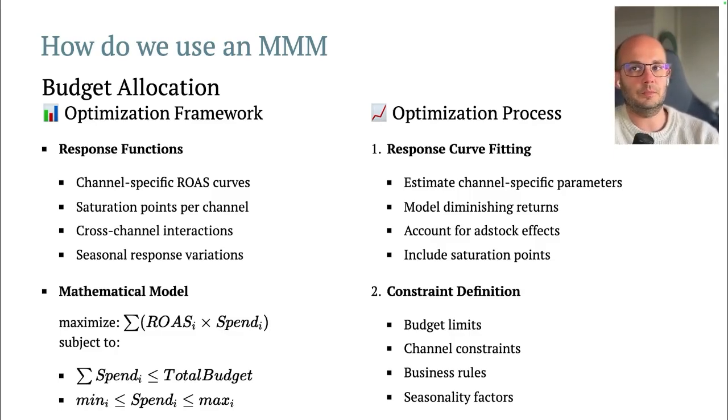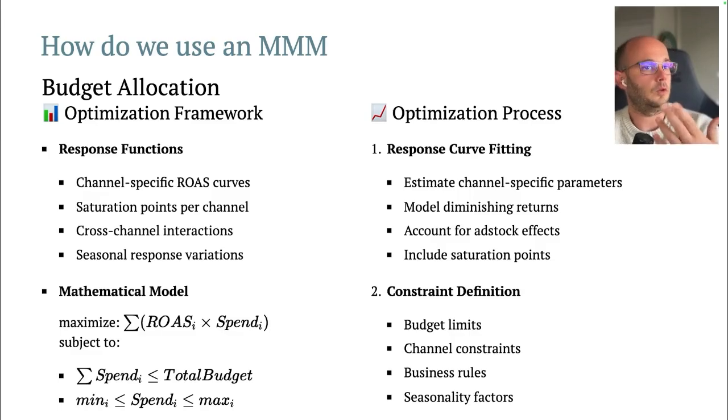And you do this by optimizing with channel specific ROAS curves, i.e., the response curves per channel, the saturation points per channel, and then you're going to have cross channel interactions. And that's what the media mix model is trying to understand: how channels interact with one another and how channels interact with economic variables.